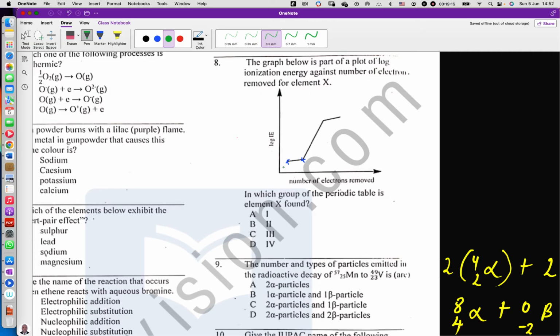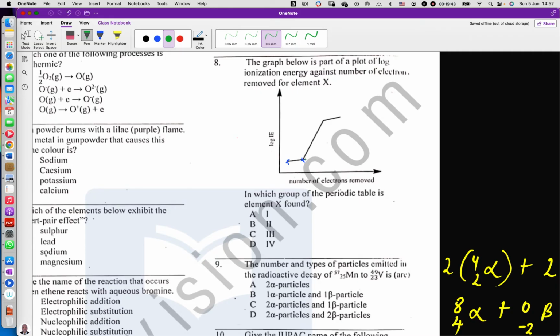The first electron removed, then the second electron. This is the first electron here, this is the second electron here. You see that there's no big difference between them.